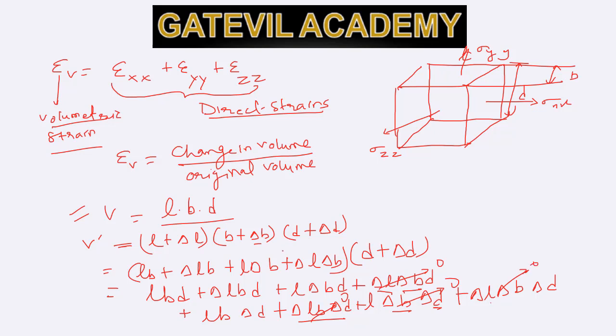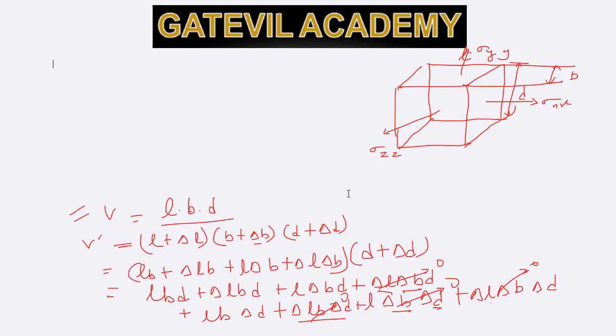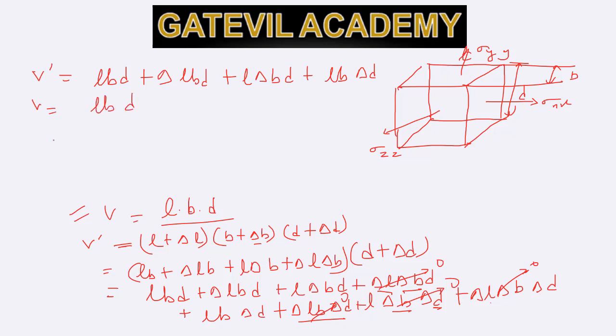So let's erase that part here. Your V dash will be LBD plus delta LBD plus L delta BD plus LB delta D, and the original volume was LBD.